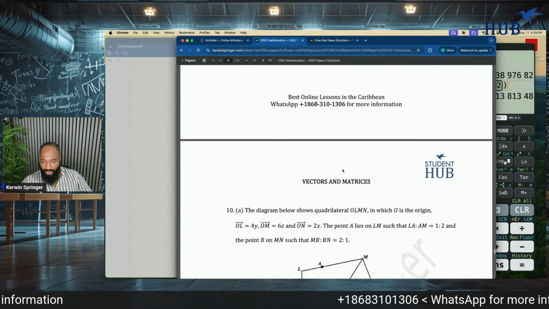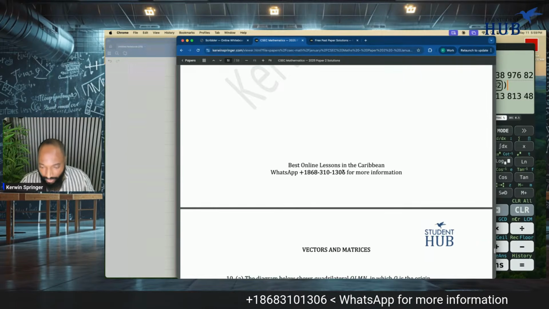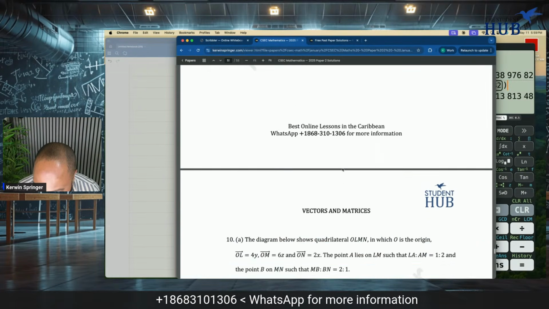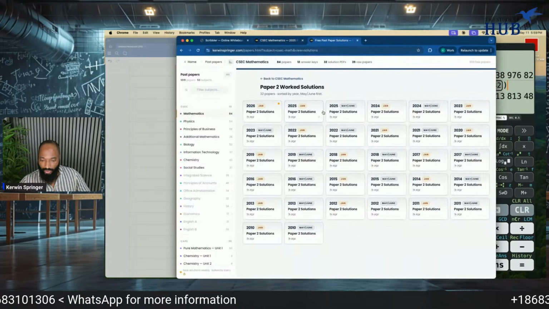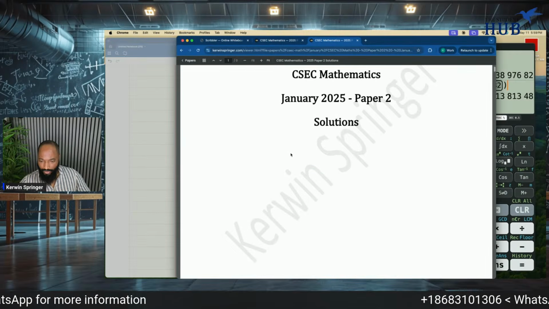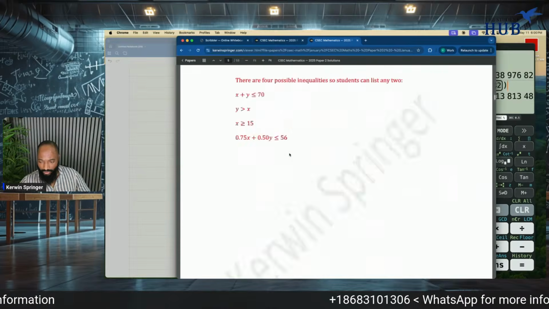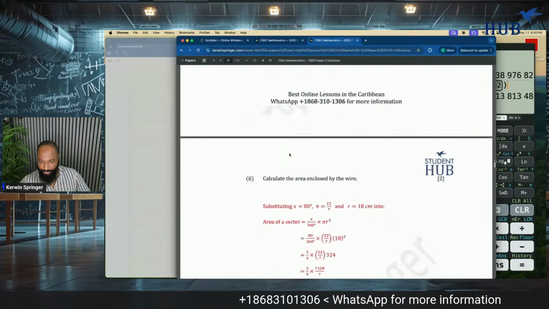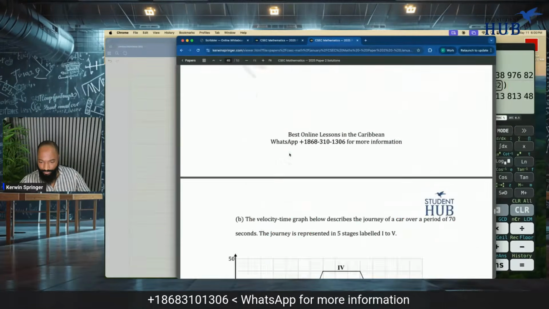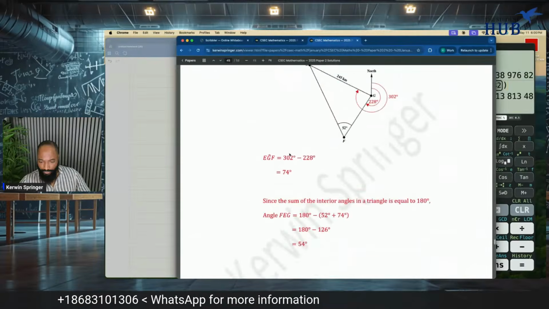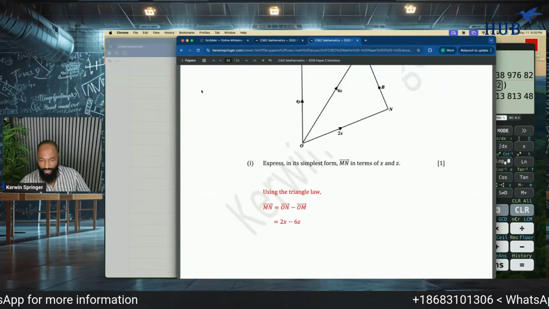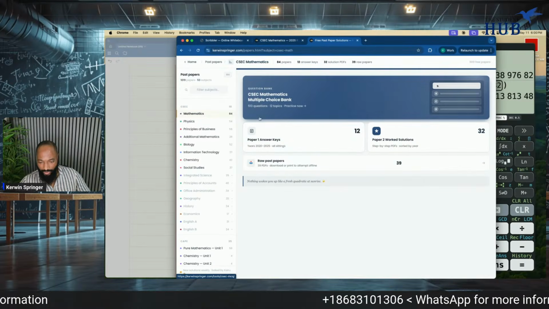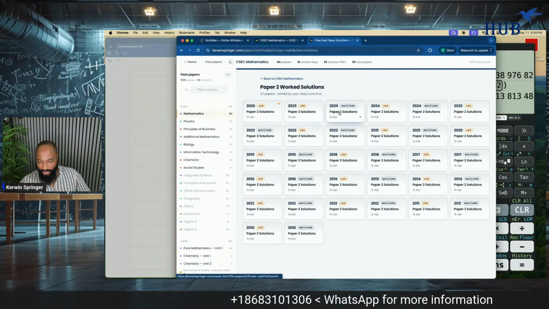This is 2026 January. So let's try the 2025. Let's scroll to the bottom. Vectors, where are they? Oh, I was wrong, I was on 2025. My bad, sorry for wasting your time.